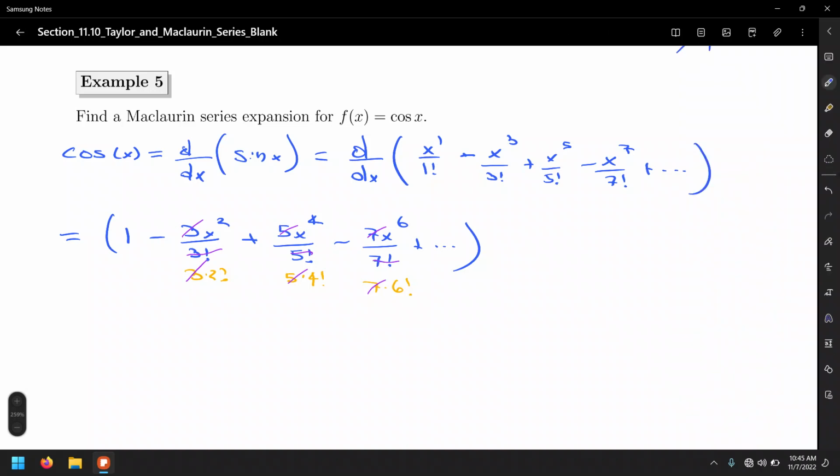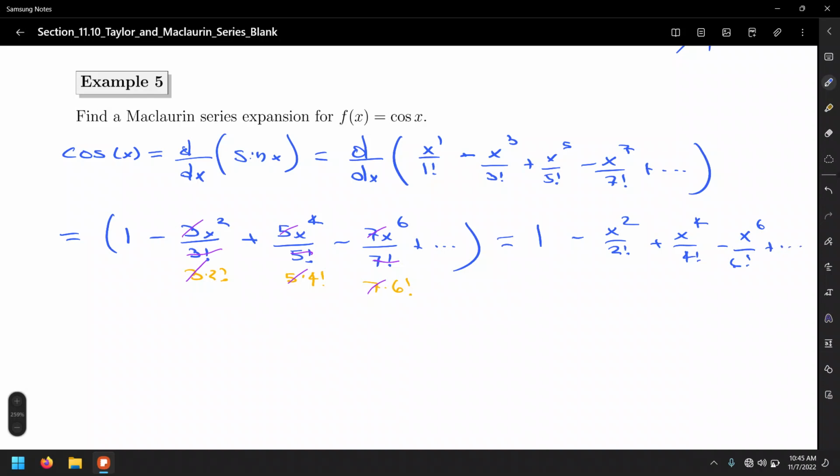That's going to leave us with the following. 1 minus x squared over 2 factorial plus x to the fourth over 4 factorial minus x to the 6th over 6 factorial plus. The pattern goes on forever.